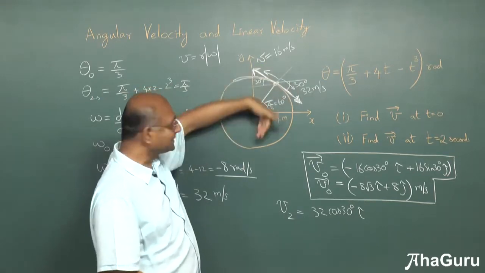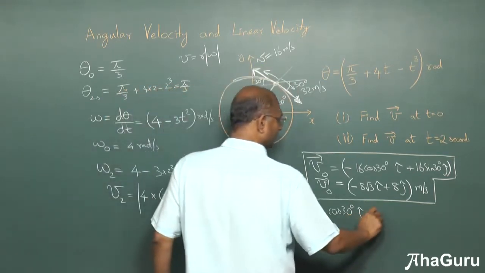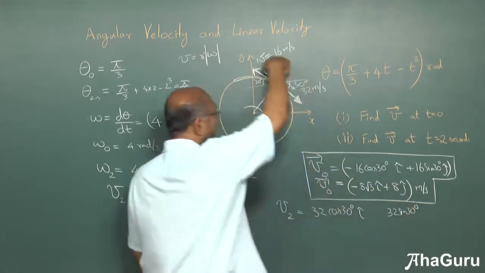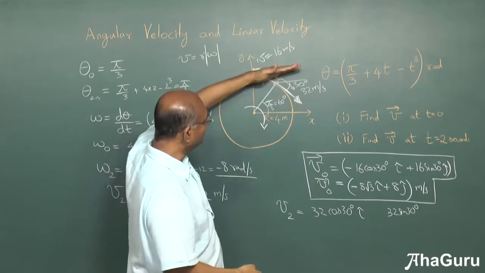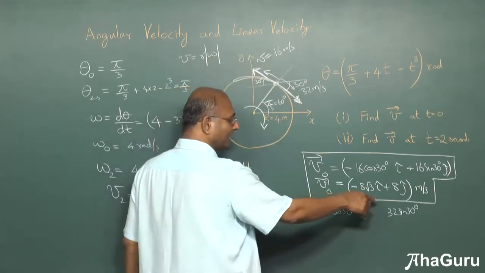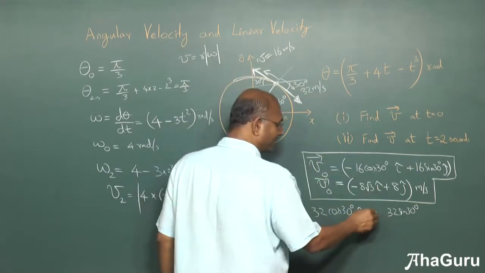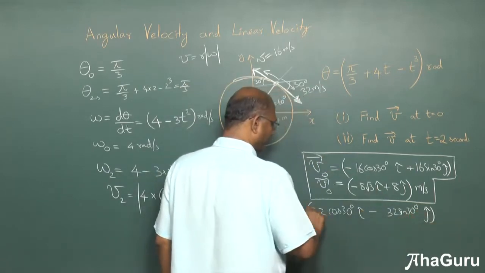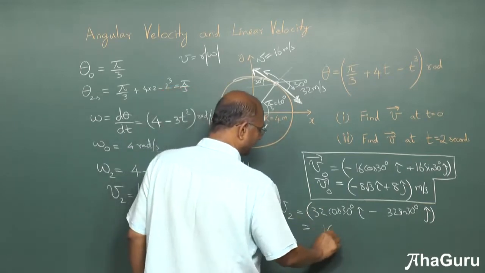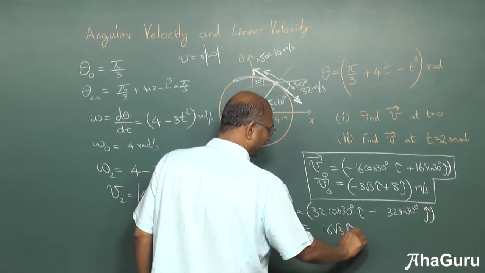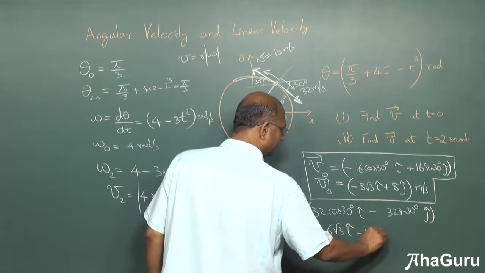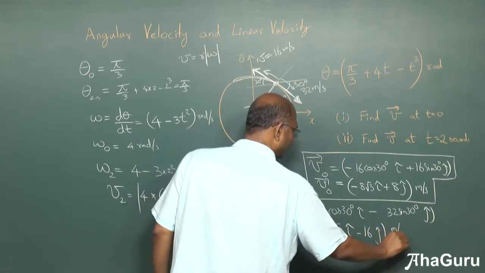And then 32 sin 30 degrees, but it is pointing downwards, because when I resolve this that way, this component is downwards. So I will say minus and I will put a j cap. Now of course cos 30 is root 3 by 2, and sin 30 is half. So this is 16 root 3 i cap minus 16 j cap meters per second.